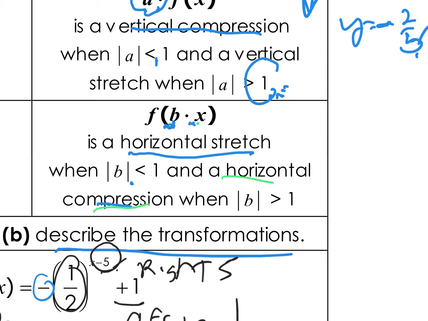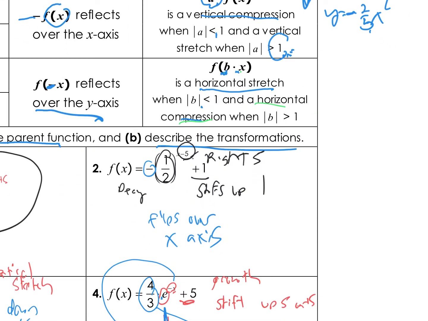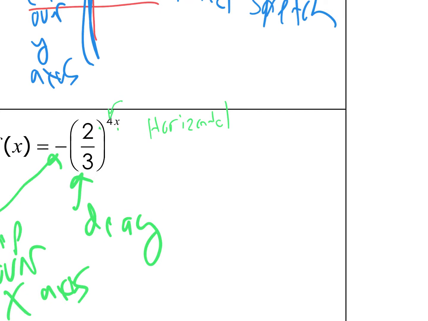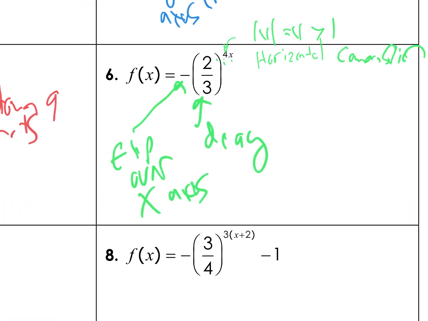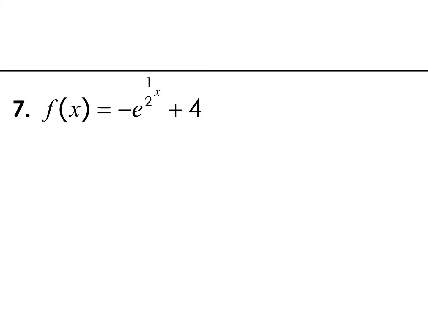I wanted to say a stretch, so I was going to be wrong, because it's greater than 1. So I'm glad I looked up there. Horizontal compression, because the absolute value of 4 is greater than 1. That one doesn't come up very often. We just don't see it very often. But this author wants us to jump through all the hoops. Okay.